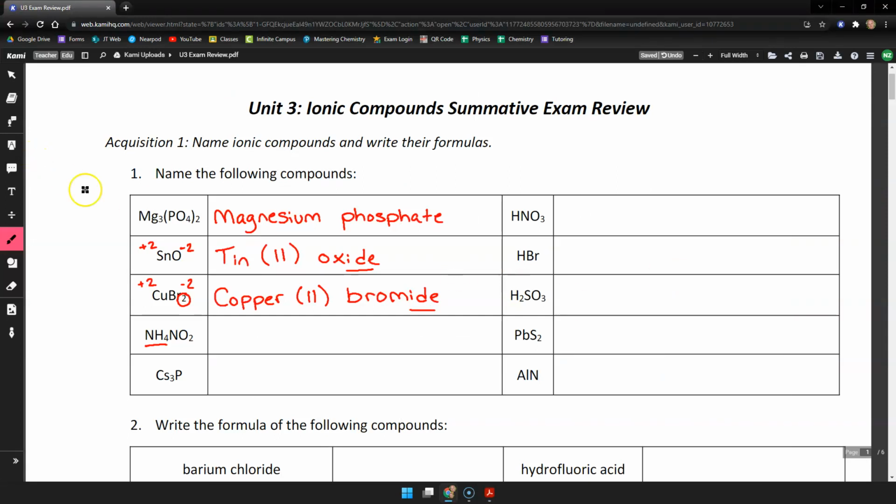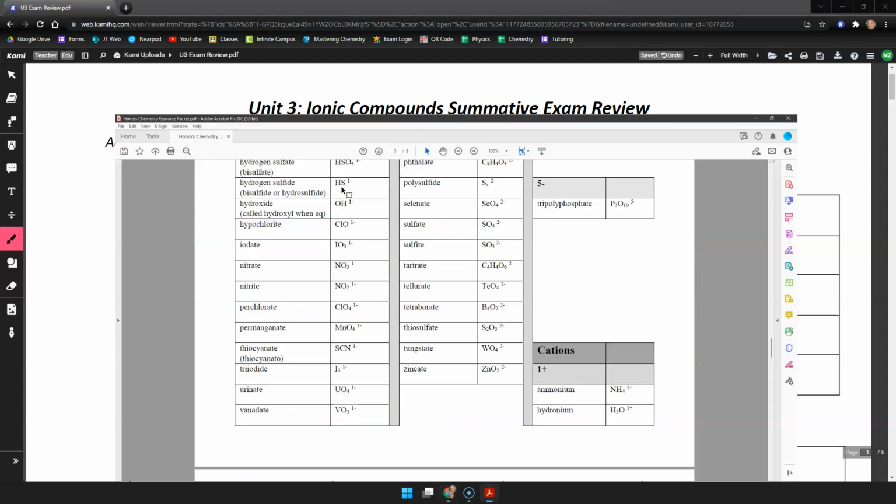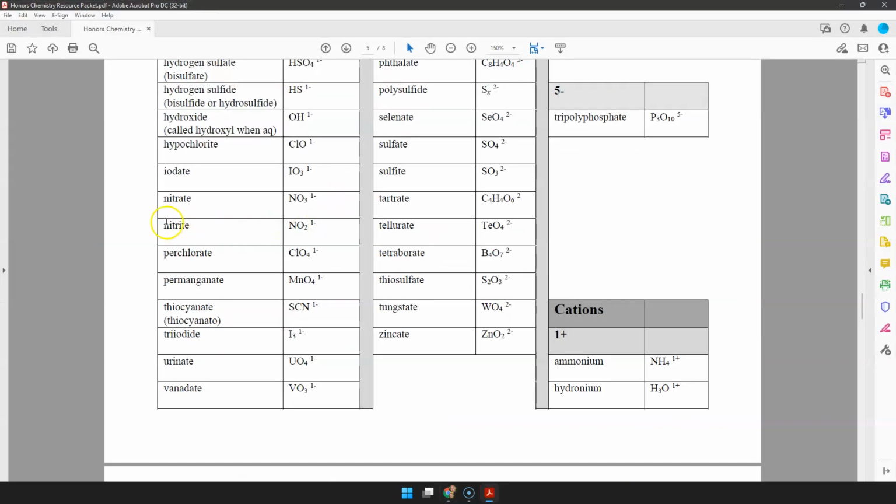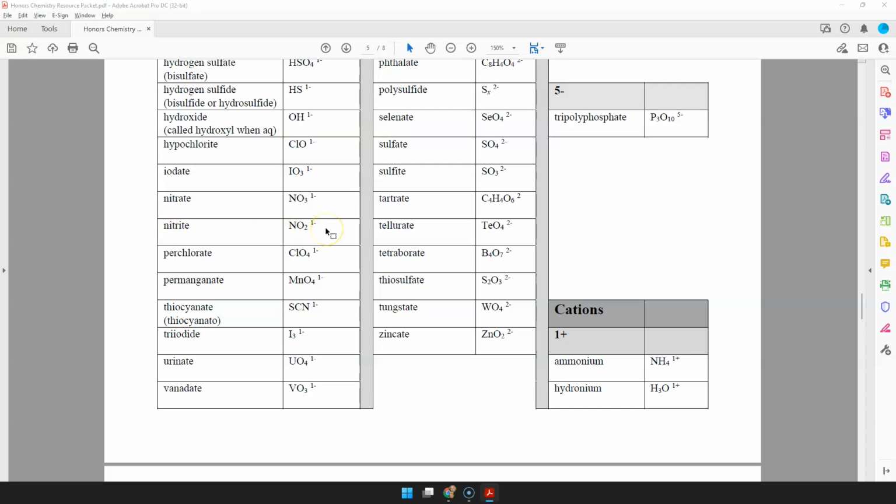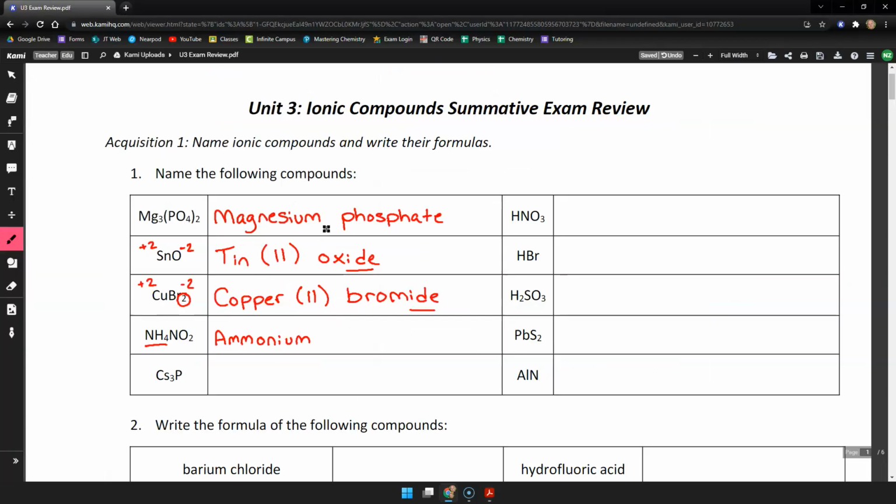So let's write that out: ammonium. And then NO2, again, let's go to our table and find it. NO2 is nitrite. That's it. We don't have to change any endings. Since these are both polyatomics, we just leave them alone and write them out like they are.